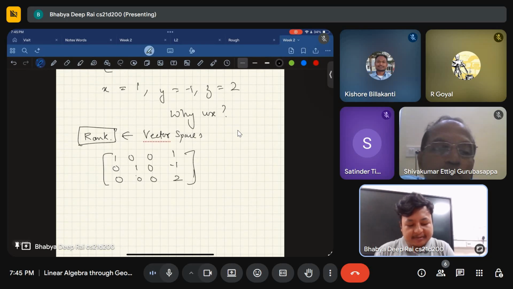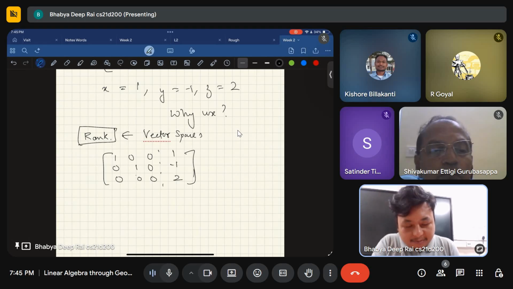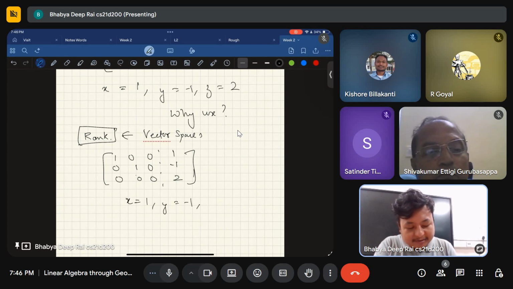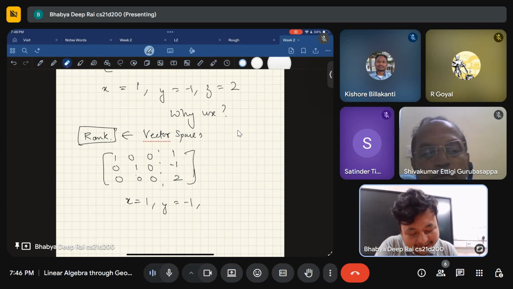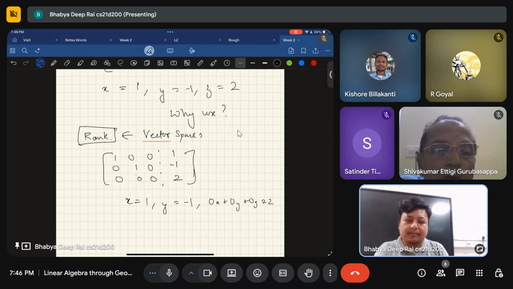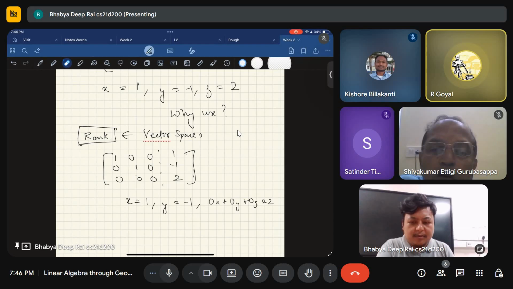Then what would you interpret it as? x equals 1, y equals minus 1, z could be anything. Because what I'm getting here is 0x plus 0y plus 0z equals 2. So probably out of the three, one plane might be representing the same information and nothing new.